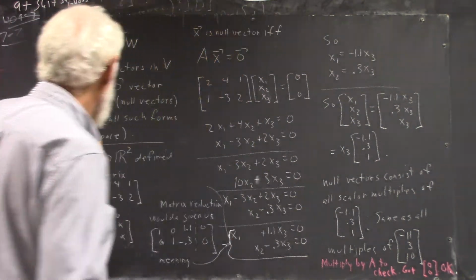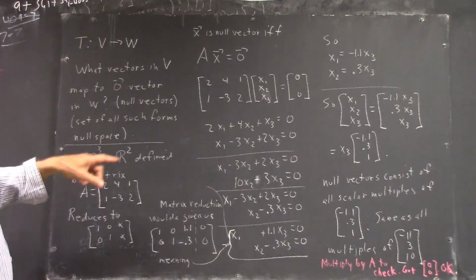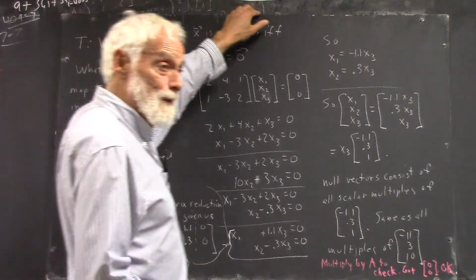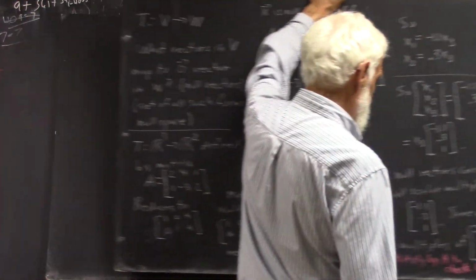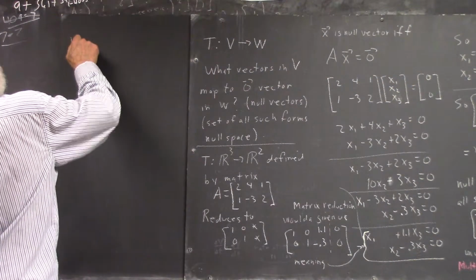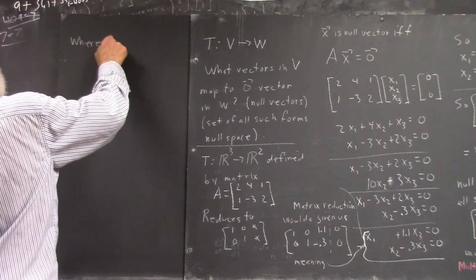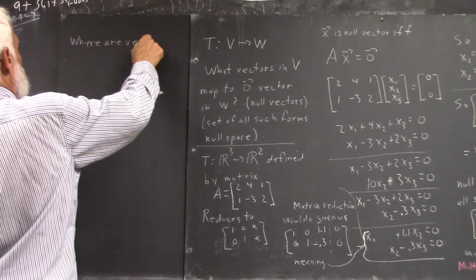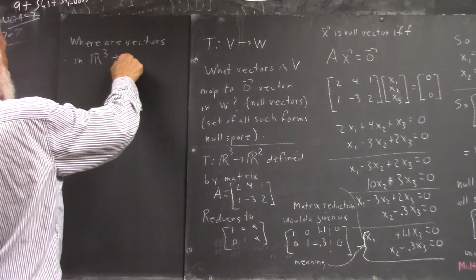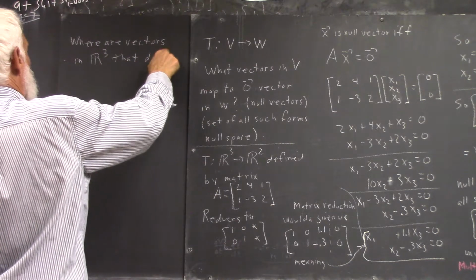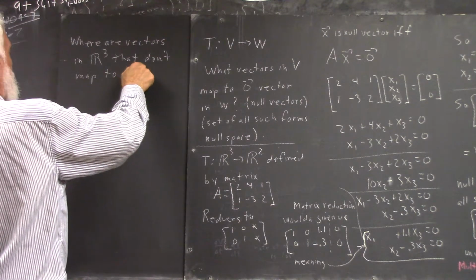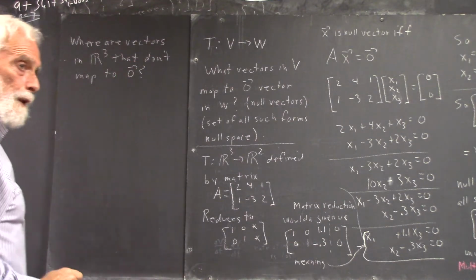Well, let's go to the question now of where are the vectors in R3 that don't map to the zero. Okay? Well, okay.